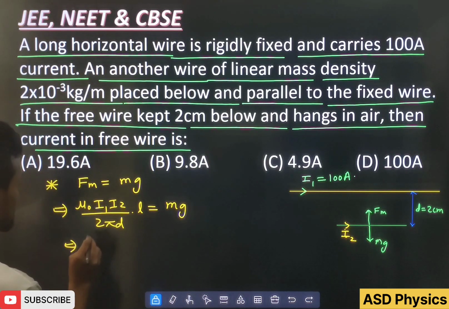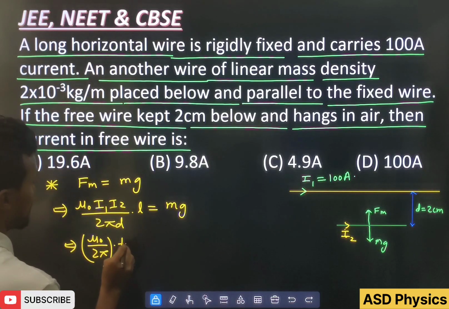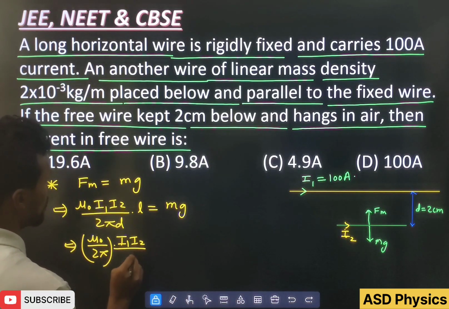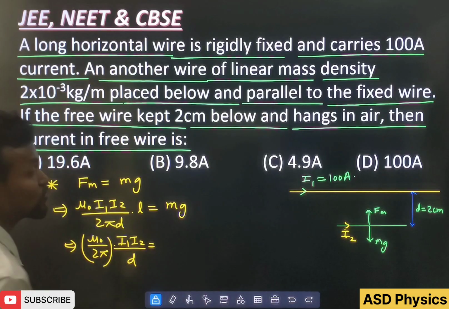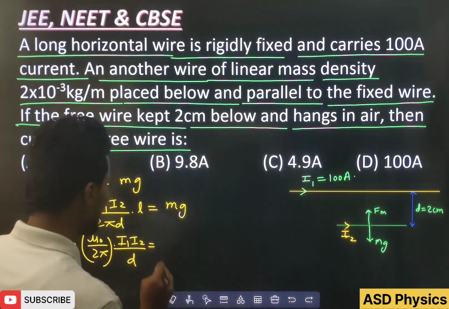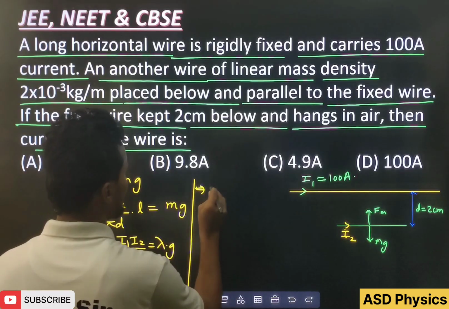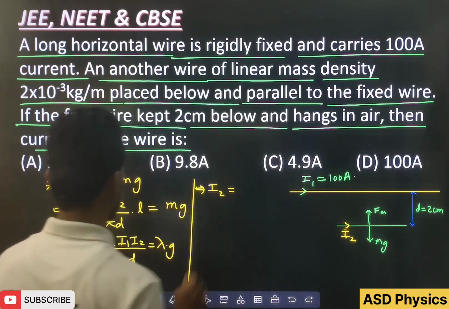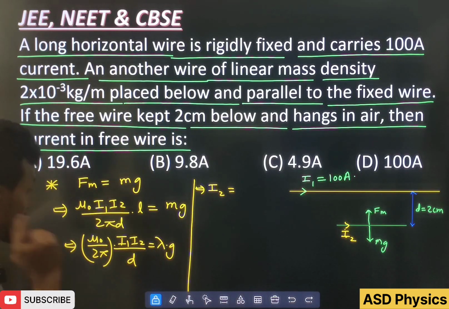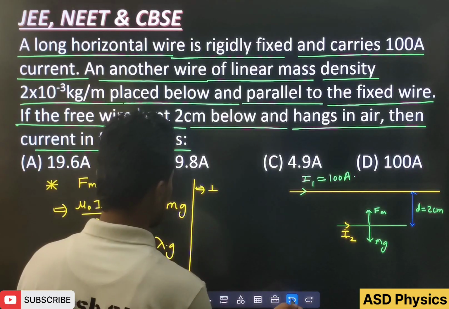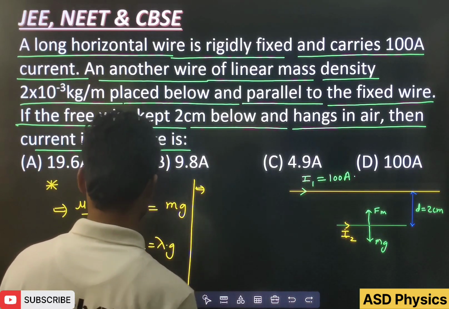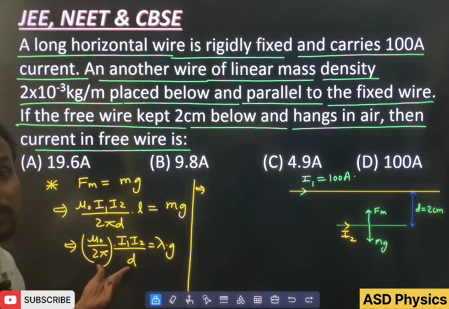Now after that, I will write mu naught by 2 pi together here, and this is I1 I2 by d, and the length will go to this side, m by l, and what is m by l? Lambda into g. So after that, students, if I write the value of I2, we can calculate it, but it's better to put the values now. So what is the mu naught by 2 pi value?